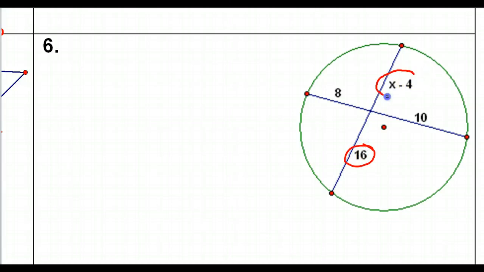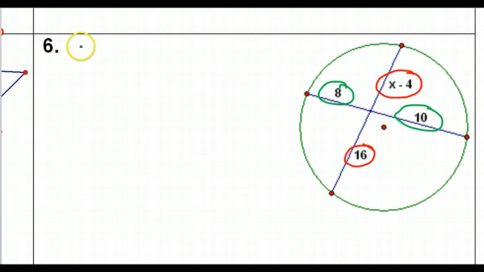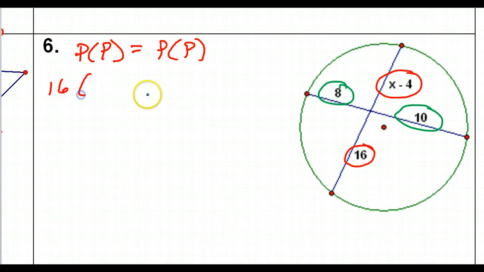This part times this part will equal this part times this part. I'm going to do the red first. So we're doing part times part equals part times part. So 16 times x minus 4 should equal 8 times 10.